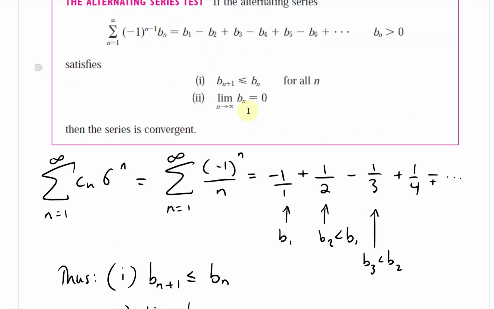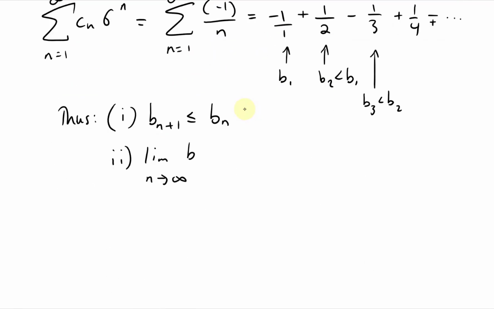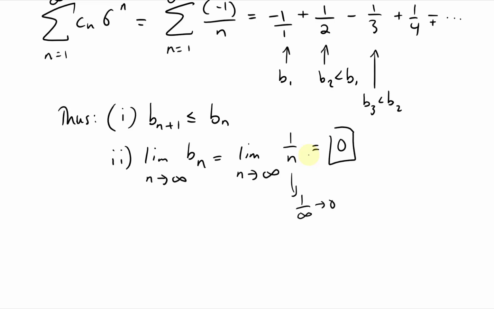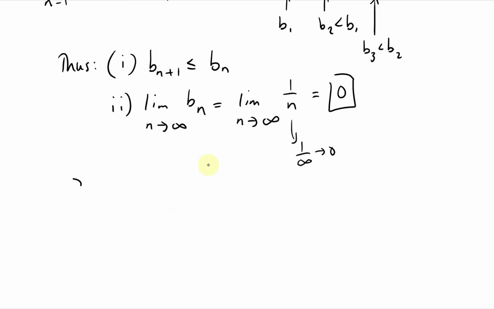This equals the limit as n approaches infinity of 1 over n, which goes to 1 over infinity, approaching 0. So this equals 0. Then this is convergent by the alternating series test.